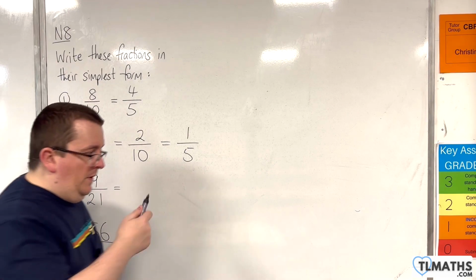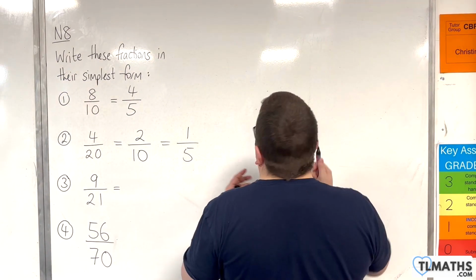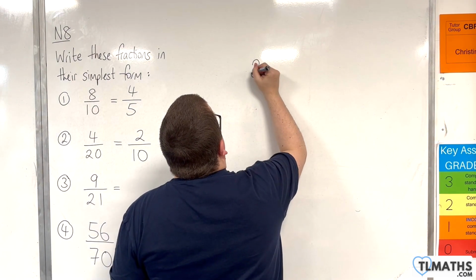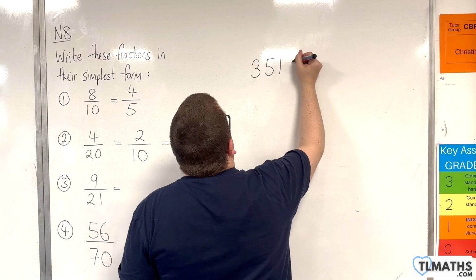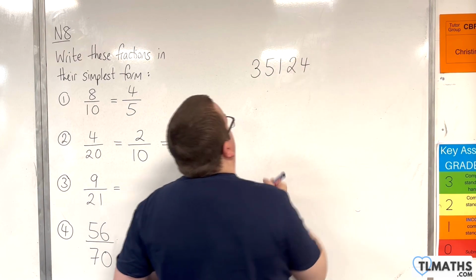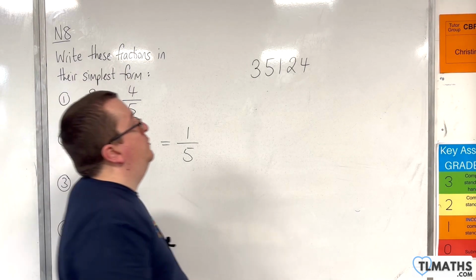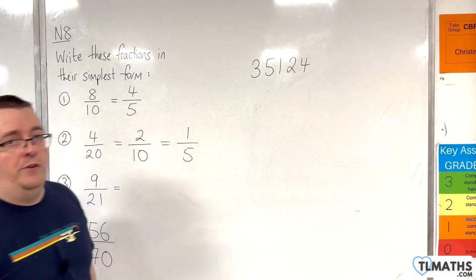So I'm just going to do an aside here. If you've not heard of this before, I know that this number is divisible by 3. How do I know that that's divisible by 3? I just came up with a number off the top of my head.